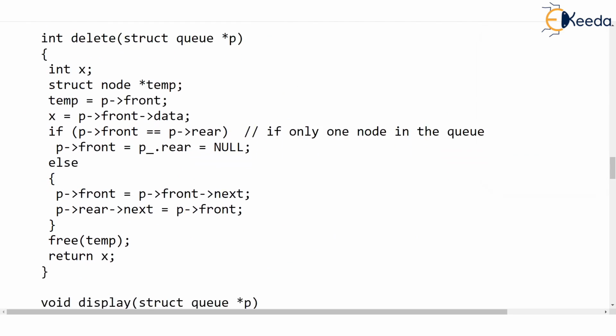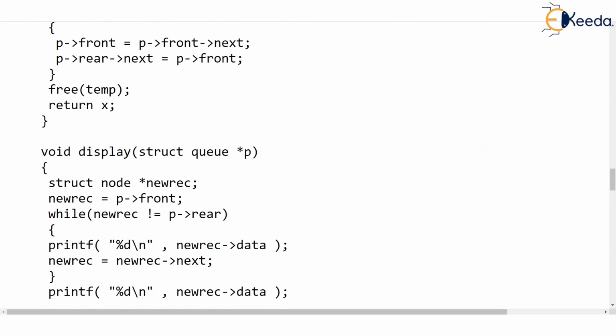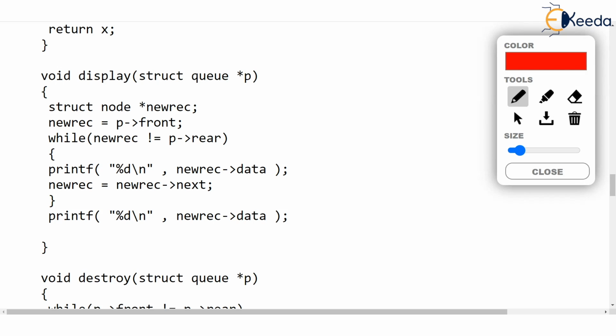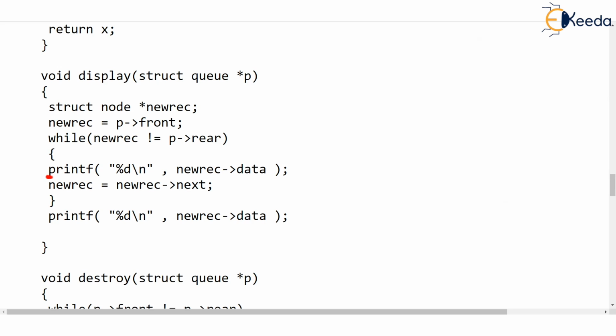I have also written one more function called display. The display function over here is the same as that of linear queue, except that there is a printf inside the while loop and there is a printf outside the while loop. This extra printf has been written.